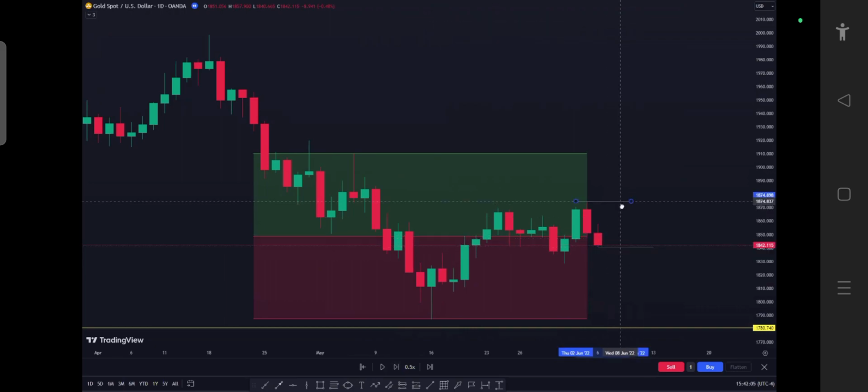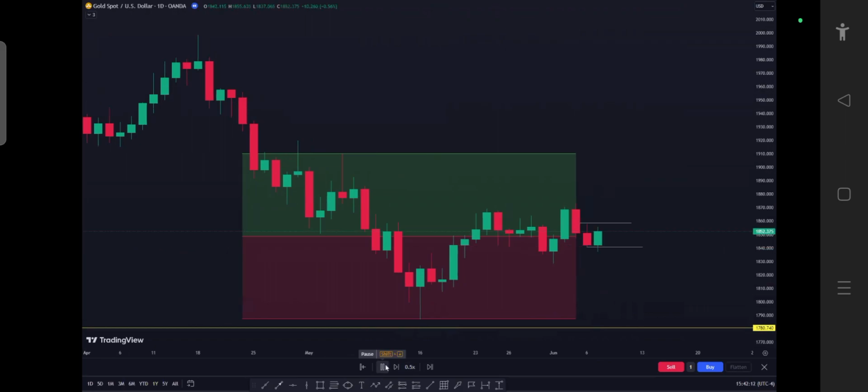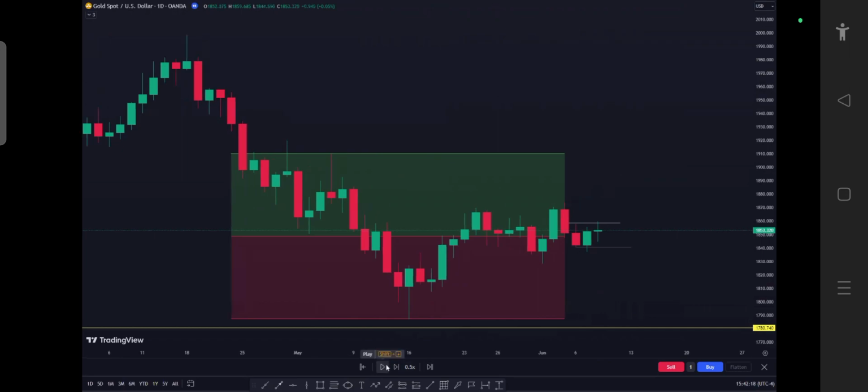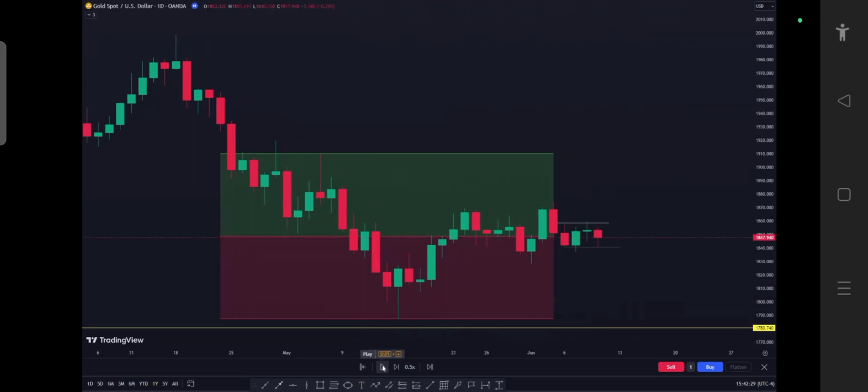Again bias shifted, bearish. Now bearish candle, still bearish, still bearish because it has not closed above the candle high. Still bearish.